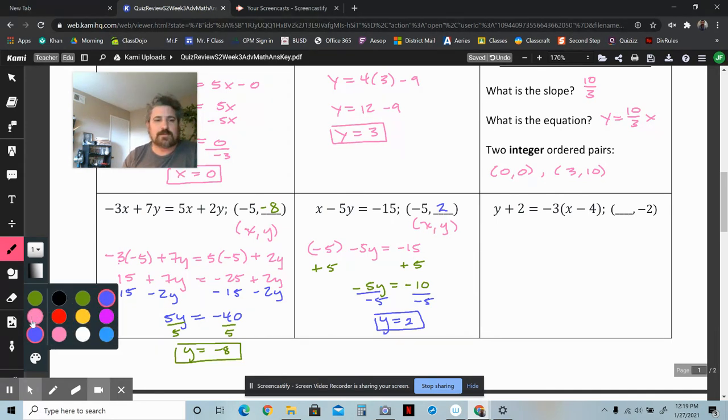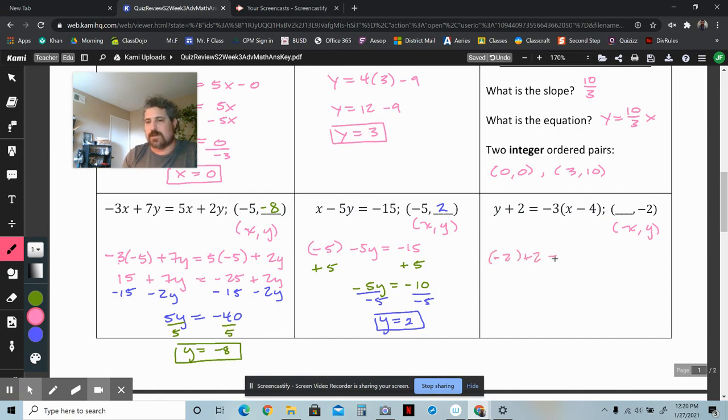And then for the last one here, you're going to have an x value unknown and a y value of negative 2. So all you're going to do is replace the y's with negative 2 and solve for x. So you get negative 2 plus 2 is equal to negative 3 times the quantity of x minus 4.